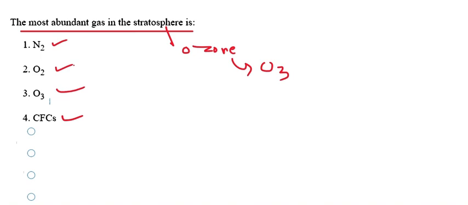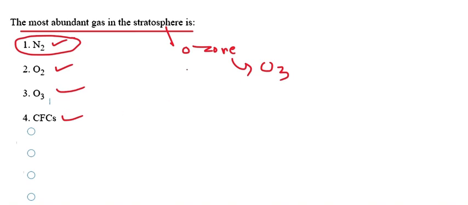Oxygen is very less in the troposphere itself, and with the increase of height the oxygen diminishes. So nitrogen is more in the stratosphere. All the other gases are very less in amount.